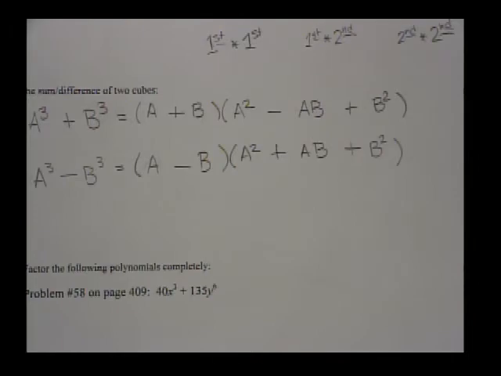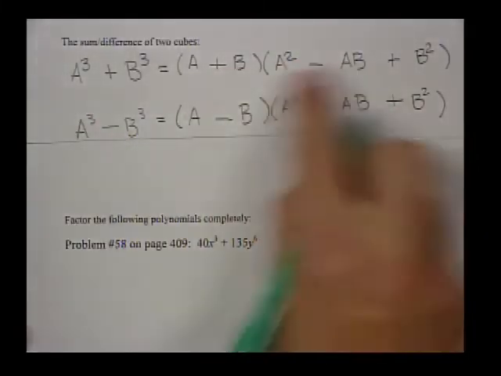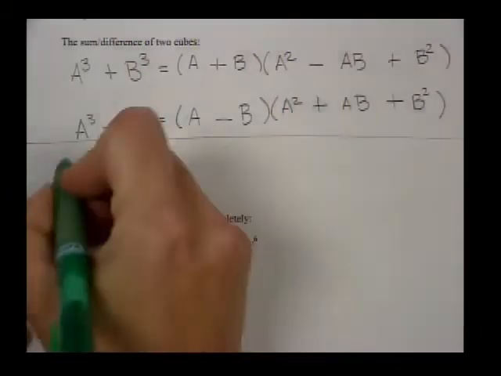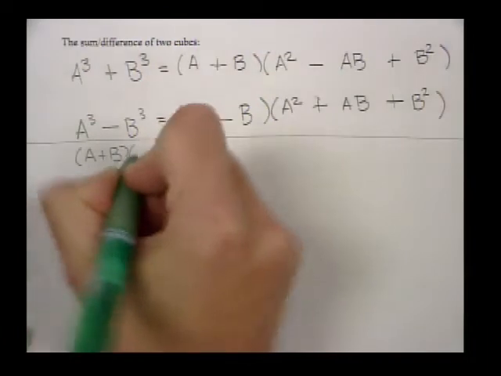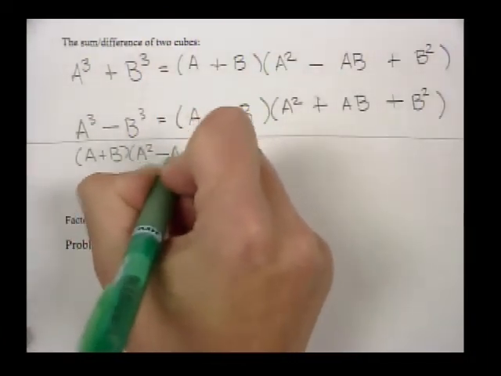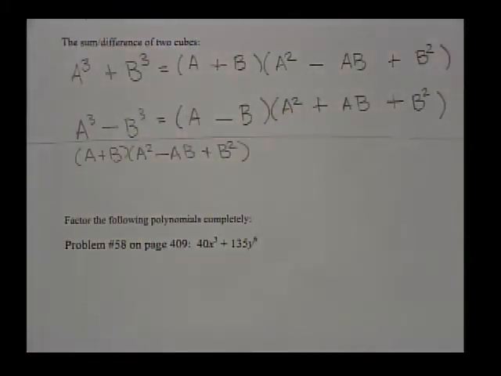Okay. So now I just want to show you that I'm going to verify this top formula. So let's multiply out a plus b times a squared minus ab plus b squared. And then I want to show you that we get back just a cubed plus b cubed.